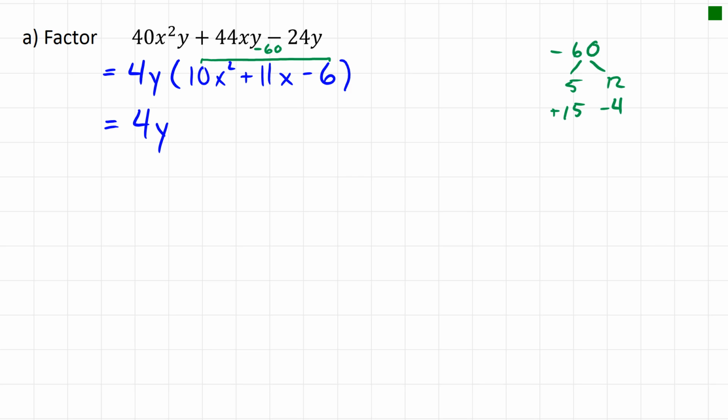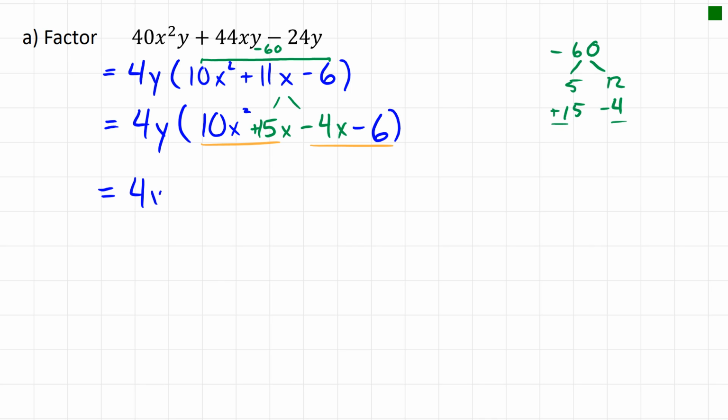So that's going to be 4y times 10x squared. Now what I'm doing here is I'm using these two numbers to split apart plus 11x into plus 15x and minus 4x minus 6. And then I factor by grouping because I have 4 terms in the brackets there.